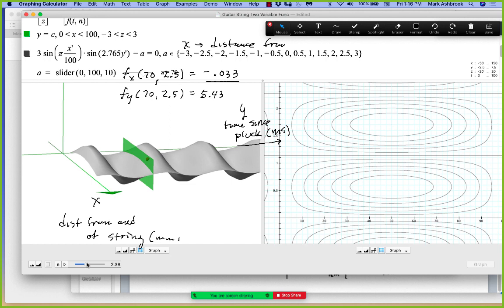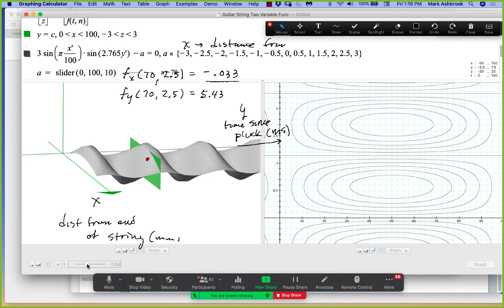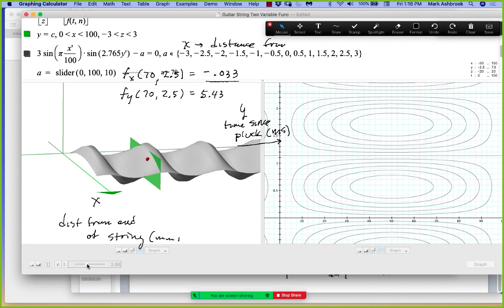What's that? I'm trying to remember. Oh, displacement. Yeah, the z, yes, that's good. We should review that. The outputs of this function, the z values, were the displacement of that point on the string from at rest. Is that perpendicular? Yeah. Okay.